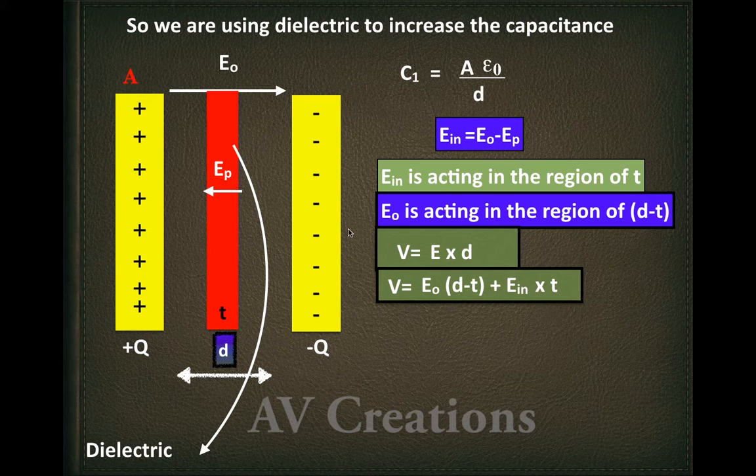Here we need to add the electric potential in the dielectric and the electric potential in the remaining region. So V is equal to EO into D minus T plus E in into T, where T is the thickness of this dielectric.